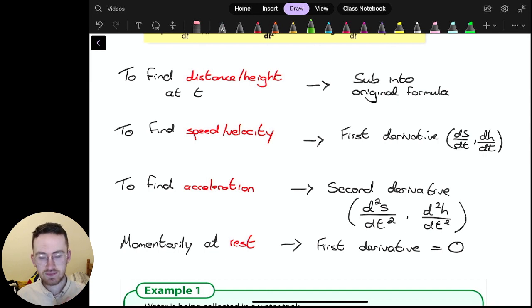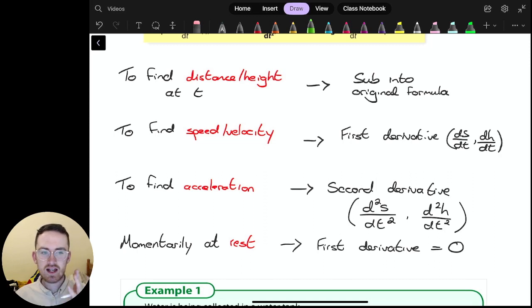To find speed or velocity, sometimes it would be called velocity instead of speed, we find the first derivative, so that would usually be ds/dt, or if we're looking for the height that a rocket goes to and then we're looking at the speed, that would be dh/dt. Again, it depends on the formula, but these are just the common ones that we might see.